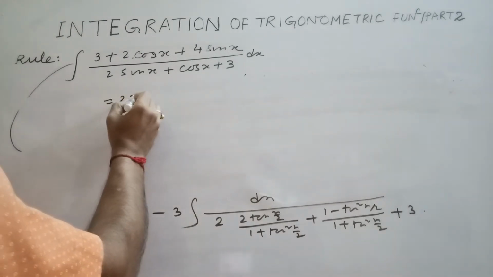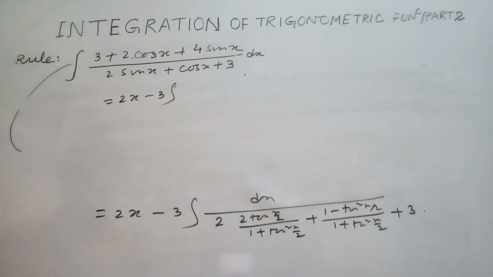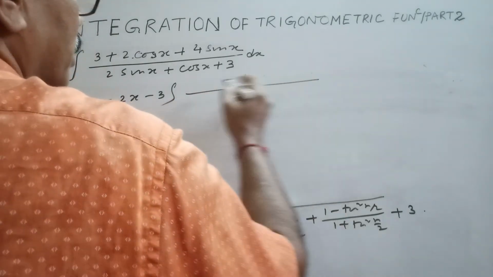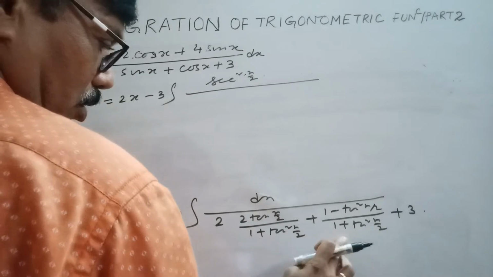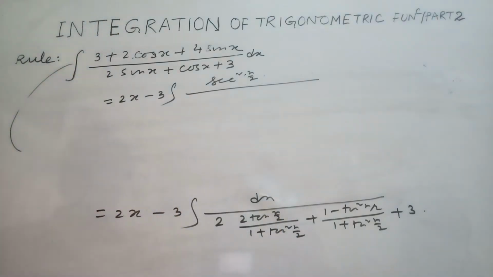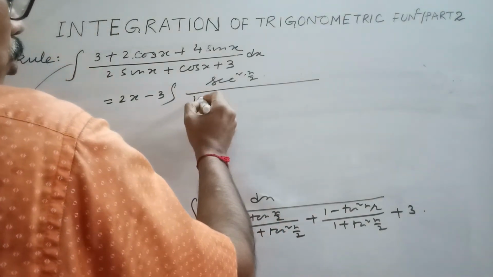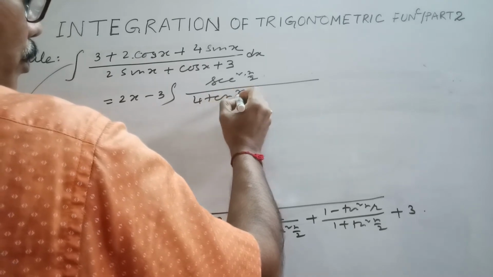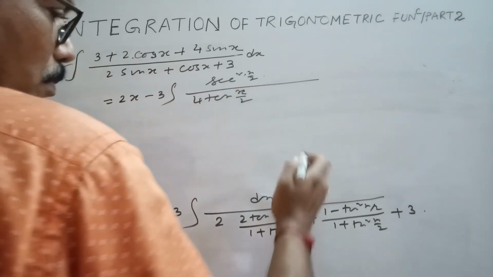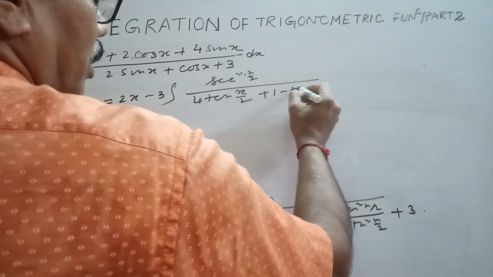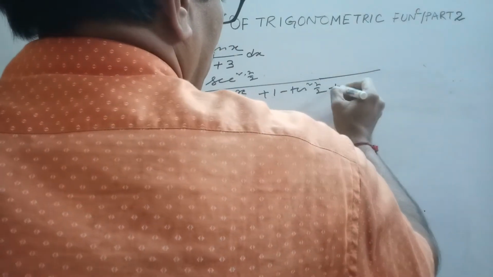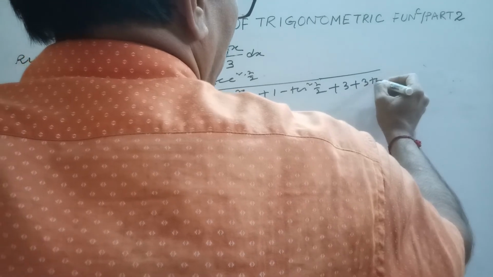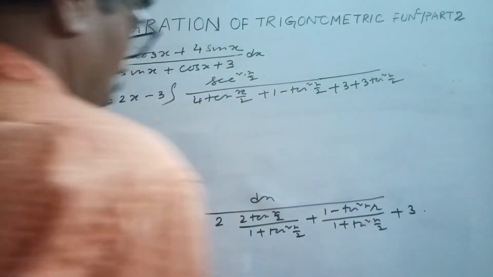So 2x minus 3 into sec square(x/2), taking the LCM, 1 plus tan square, it will be at the numerator: 4 tan(x/2) plus 1 minus tan square(x/2) plus 3 tan square(x/2).